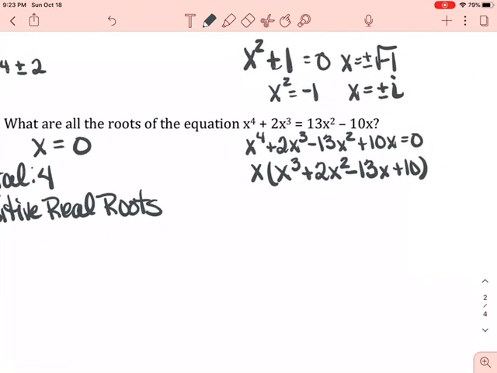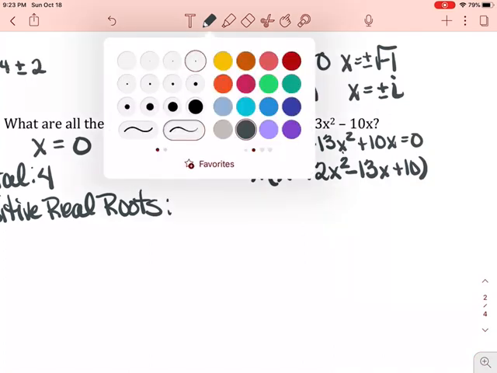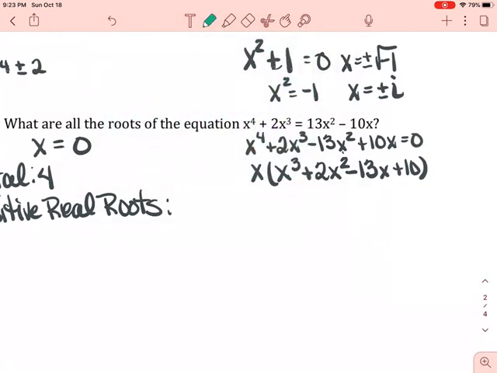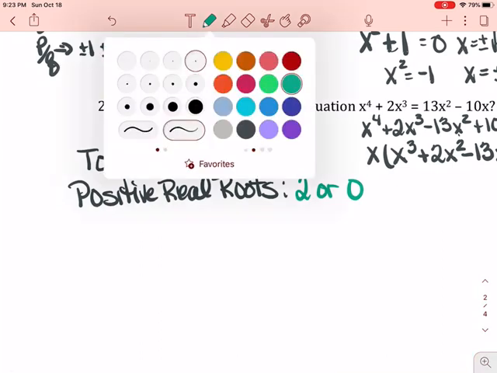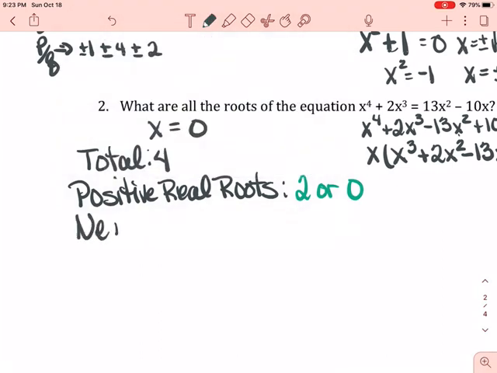Okay, sign changes 1. Oh, 2. Yeah, 2, and then decrease by 0. Okay, negative real roots.